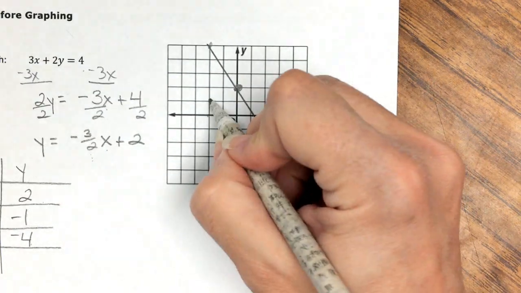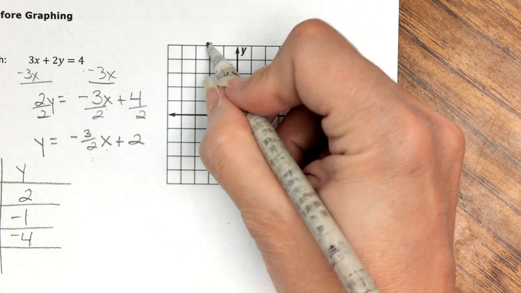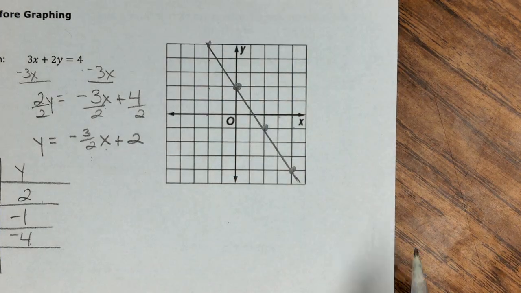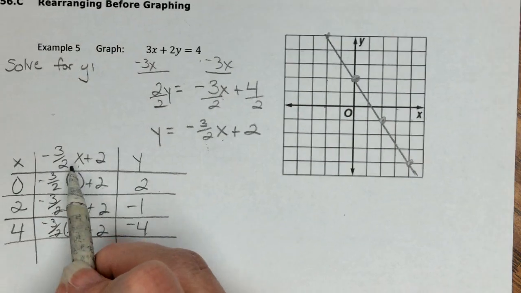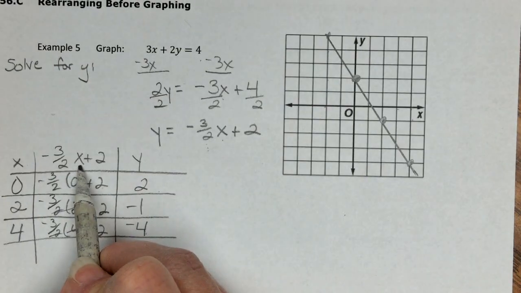1, 2, 1, 2, 3, 4, 5. That's negative 2, 5. Okay, so if I put a negative 2 in here, that's saying I should get a 5.